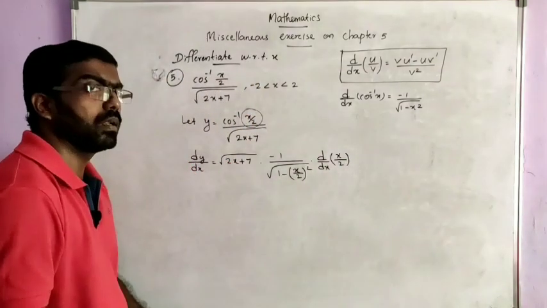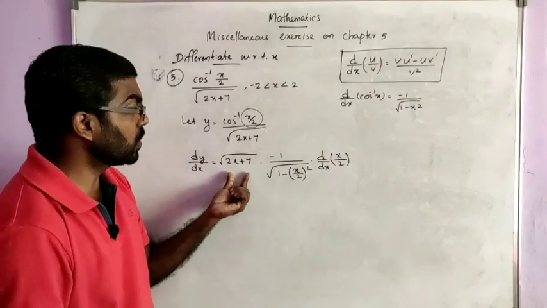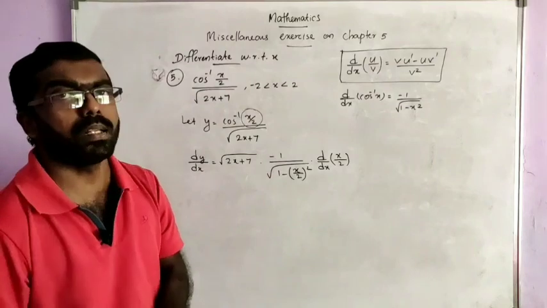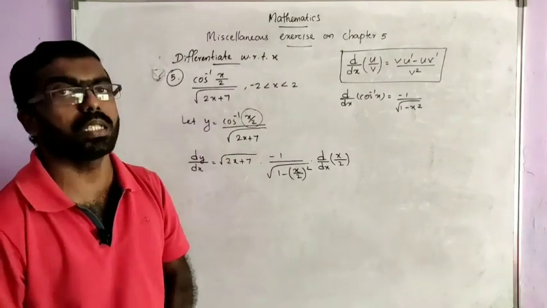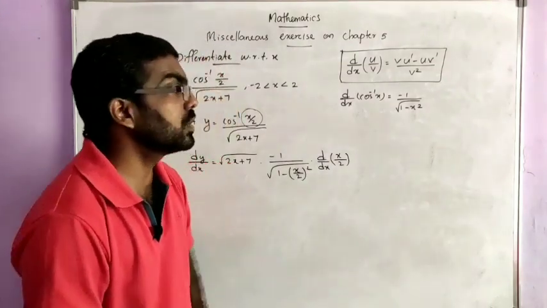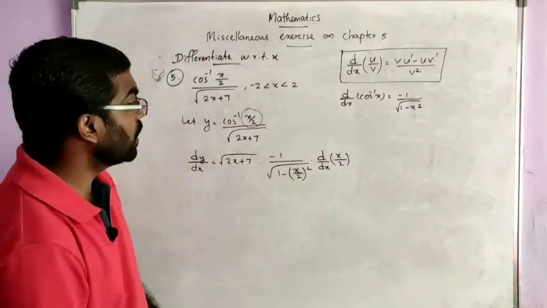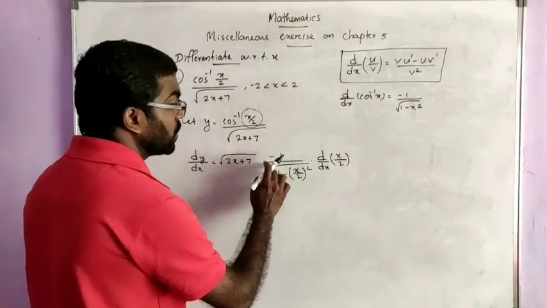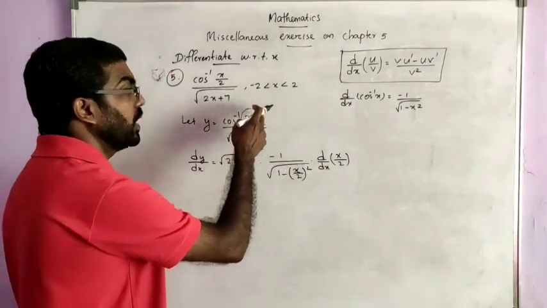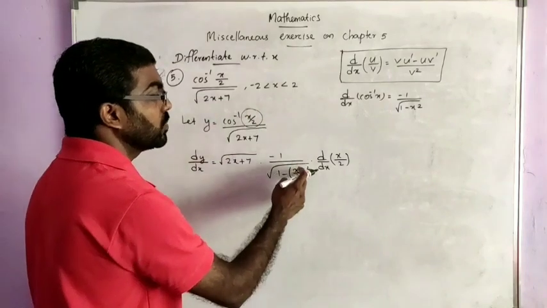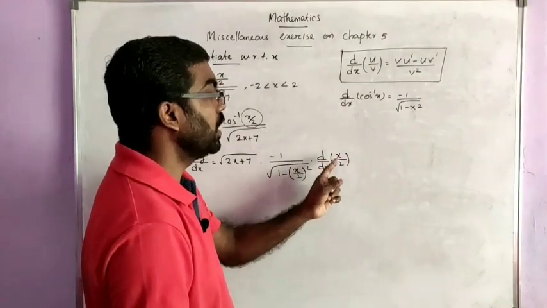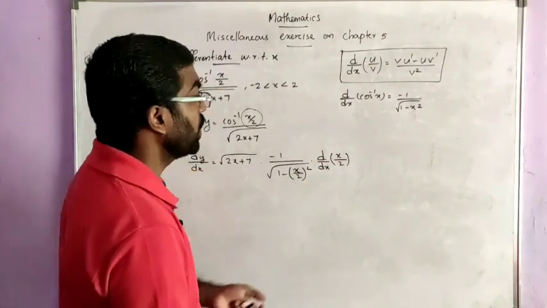Once again, denominator into, that is root of 2x plus 7 into derivative of numerator, and in the numerator the term is cos inverse x by 2, and we know the derivative of cos inverse x is minus 1 by root of 1 minus x square. Instead of x it is x by 2, so x by 2 the whole square, and we have to multiply d by dx of x by 2, derivative of x by 2.